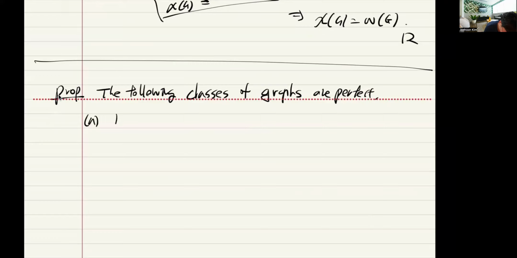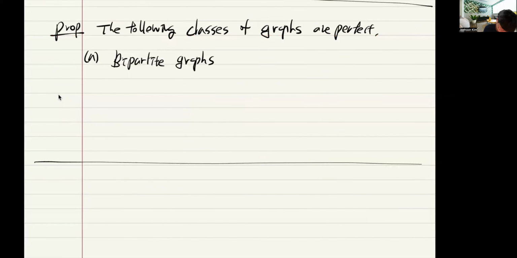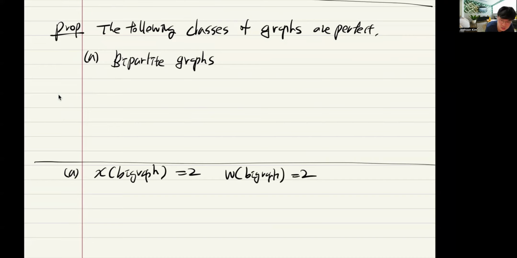So first, we can check that bipartite graphs are perfect. Why? The chromatic number of a bipartite graph is 2, and a bipartite graph does not contain a triangle, so its clique number is also 2. So it's the same. So this is perfect.